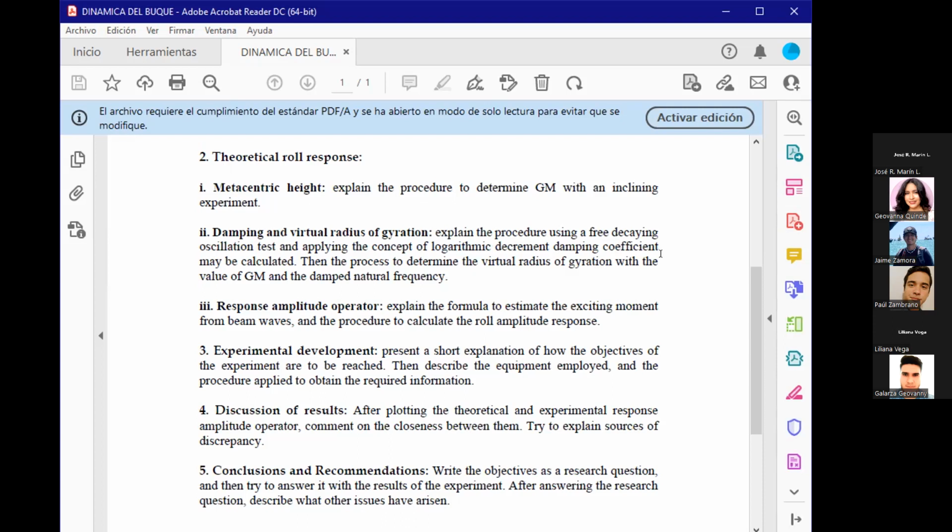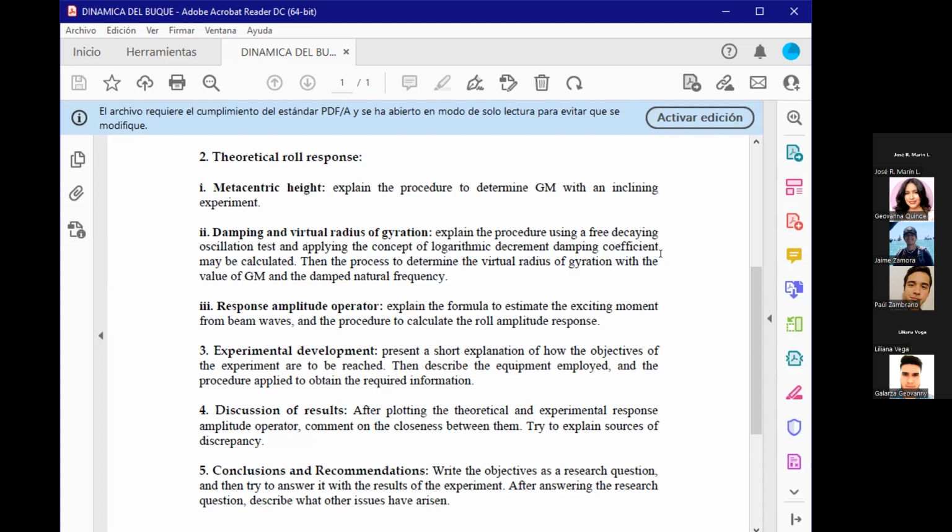Now, since you have the period, this is the damped period, you can calculate the damped natural frequency. Since you have already zeta, you can calculate the natural frequency. Since you have GM and the displacement, you can calculate the virtual inertia.